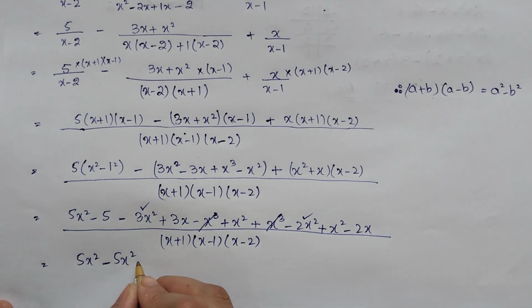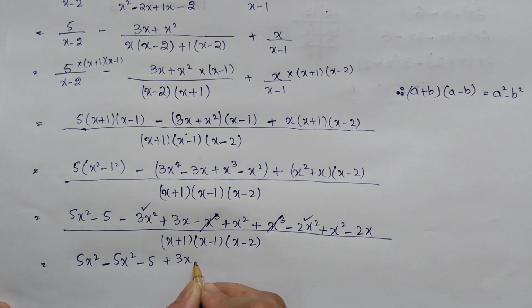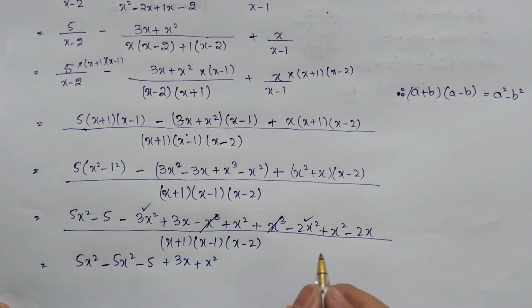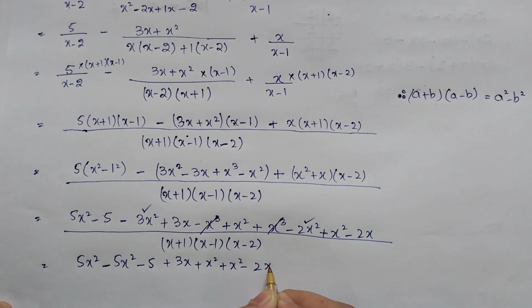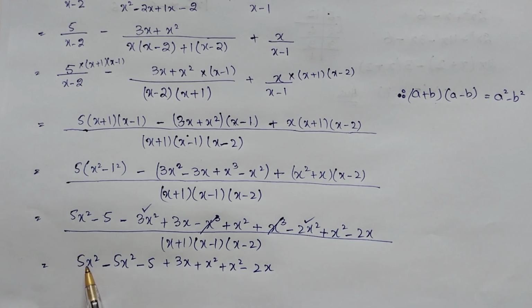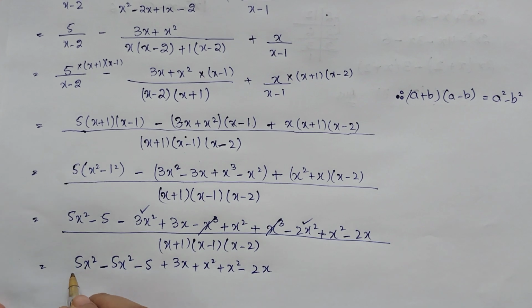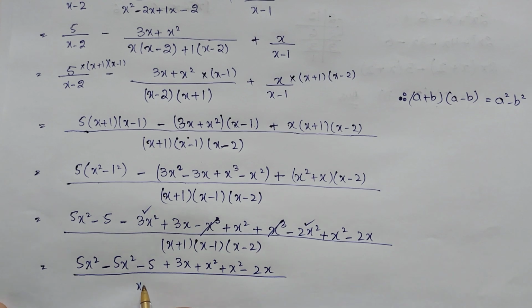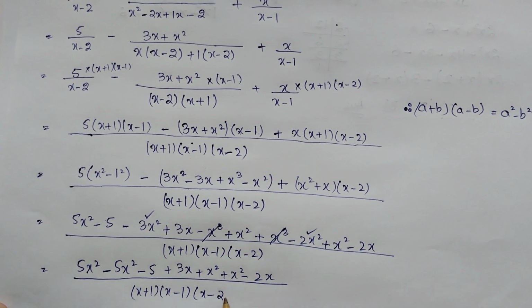The next term is minus 5 as it is, plus 3x plus x square. Next is plus x square and minus 2x. These are the x squares, this x square, this x square and this one. I hope I have written all these terms, divided by x plus 1, x minus 1, x minus 2.